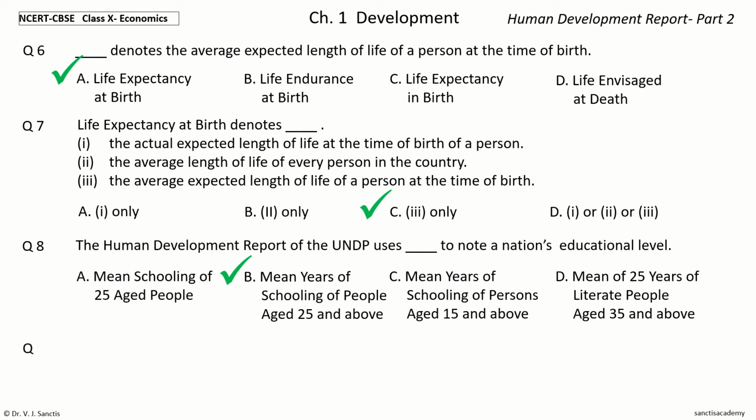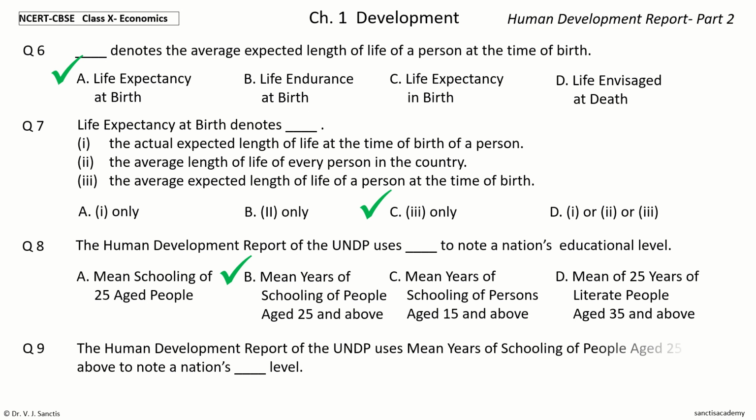Question 9. The Human Development Report of the UNDP uses mean years of schooling of people aged 25 and above to note a nation's dash level. The options are moral, mental, menial, educational.